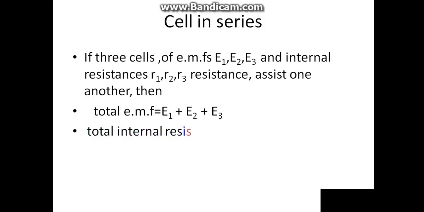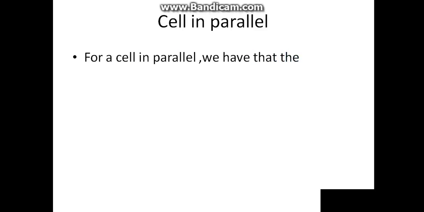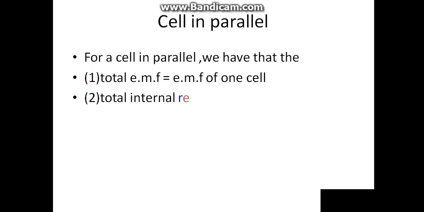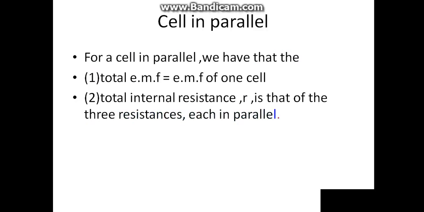Total internal resistance is equal to R1 plus R2 plus R3. Cells in parallel. For cells in parallel, one, total EMF is equal to the EMF of one cell. Two, total internal resistance R is that of the three resistances each in parallel.